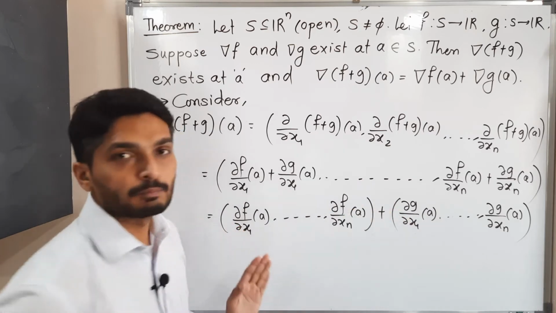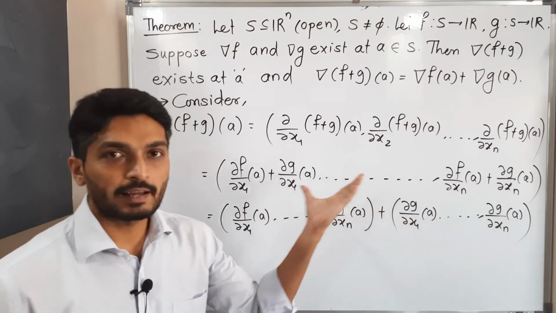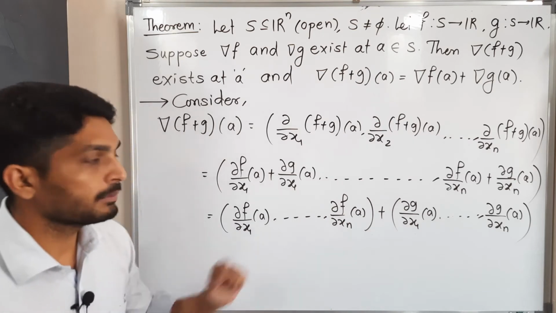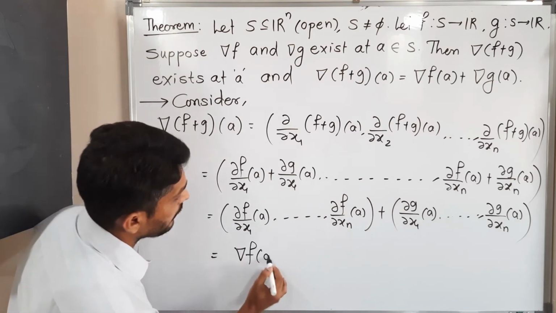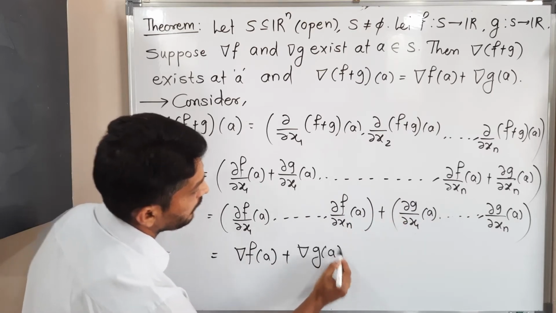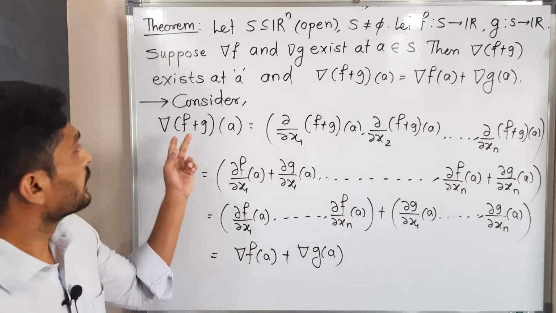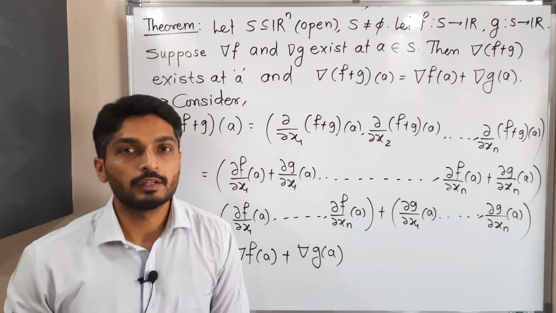First component plus first component, second component plus second component. That means again you will have the same step. Okay, can you tell me this is what? This is nothing but del f of A, and that second bracket is nothing but del g of A. So in this way we proved del (f plus g) of A is equal to del f of A plus del g of A.